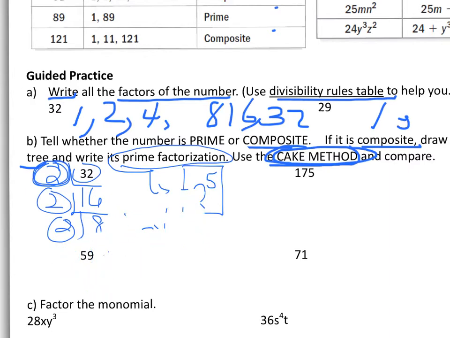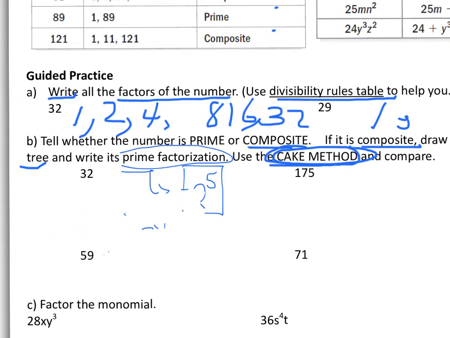175. Let me just erase this. And for 175, I would like to show you the factor tree again. 175.